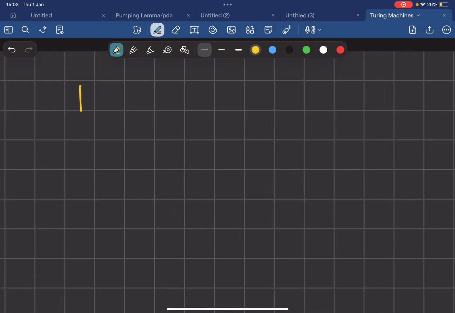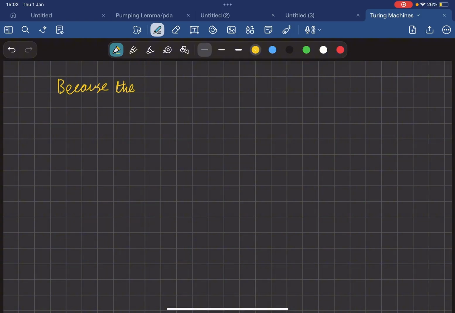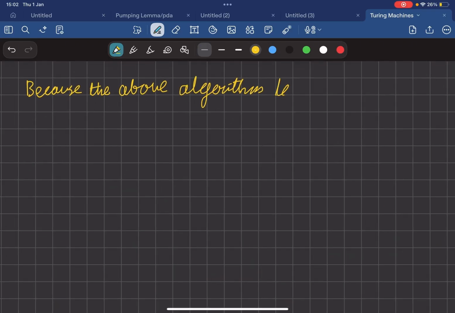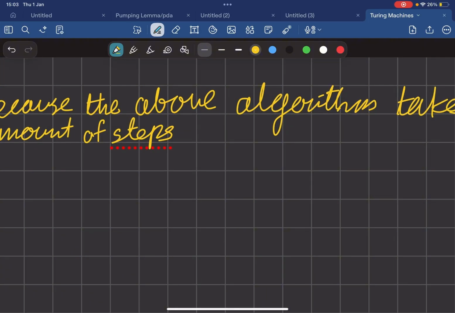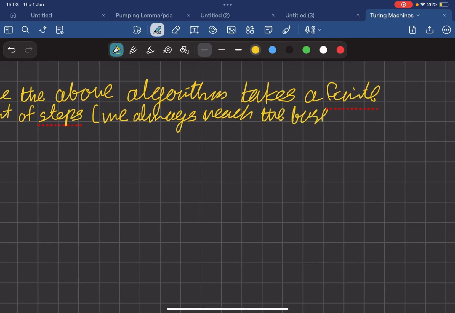So let's say that because the algorithm takes a finite amount of steps because we always reach the base case of running out of ones.